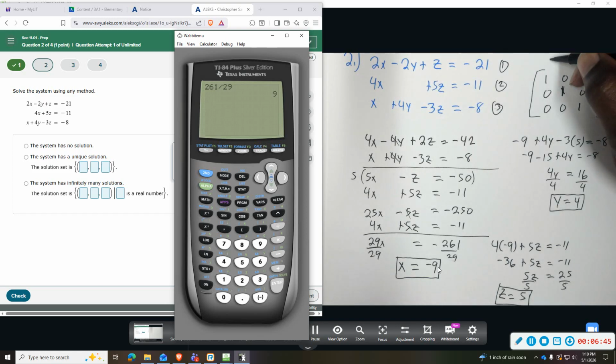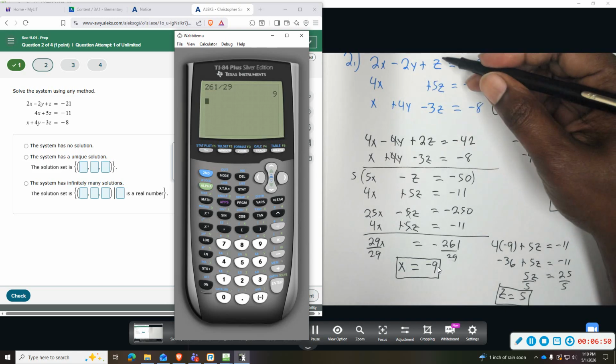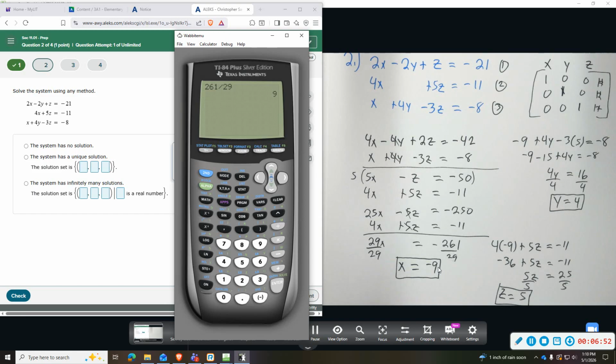Lining up our variables, x was in the first column, y was in the second, z was in the third. So what we should see in the first column, 1, where the x was, that first row, we should see a negative 9. The second column, where was y, should give me the y value of 4. And the third column, where that 1 was, that bottom row should have a value of positive 5.